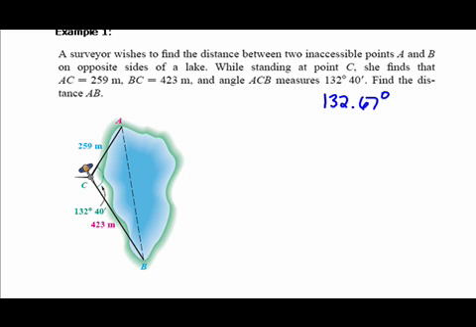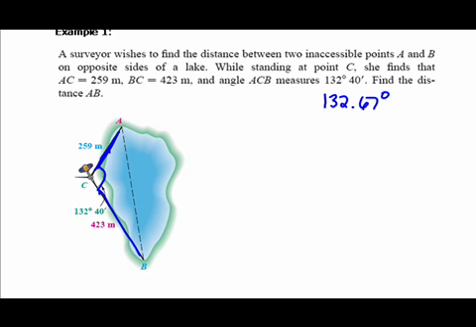Find the distance AB. Do you see what I mean? In terms of information that you know, here is a side angle side situation, telling you need to start with the law of cosines.